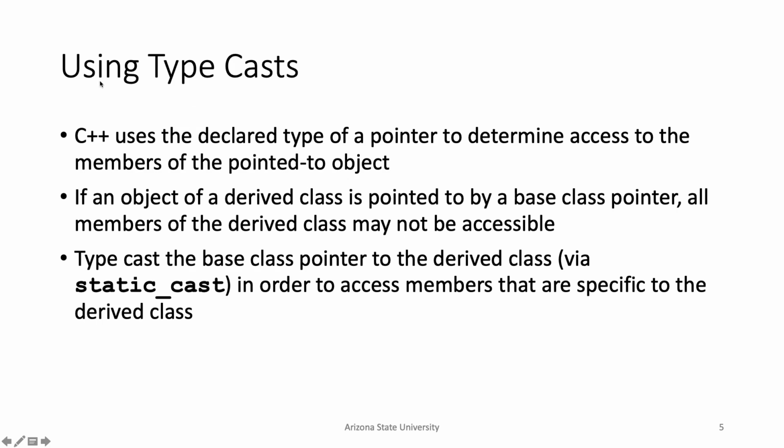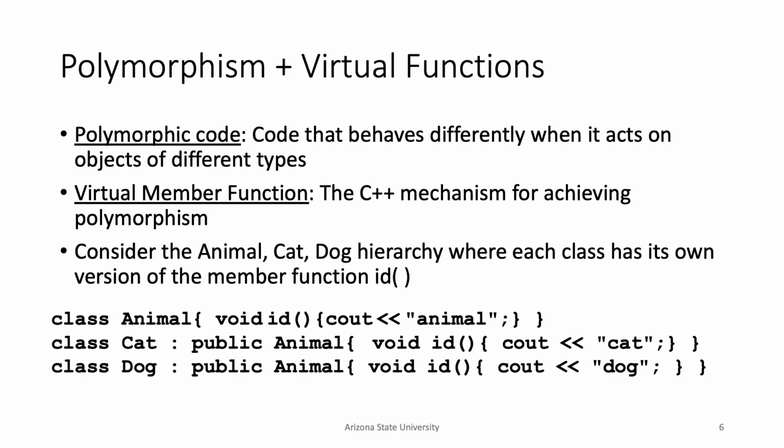Yeah, so typecast just converts from one to the other. Just interpret the bits of one type to be a different type. So polymorphic code is a way of, instead of doing this static cast, what we're going to do is that it behaves differently depending on the object type.